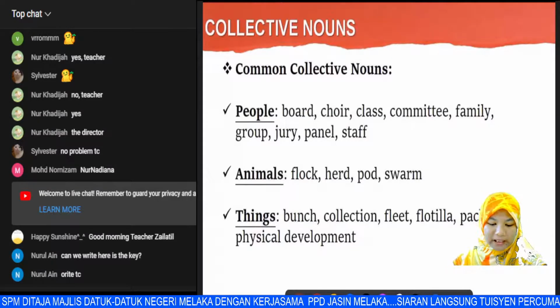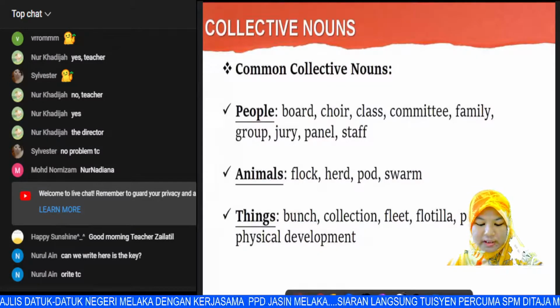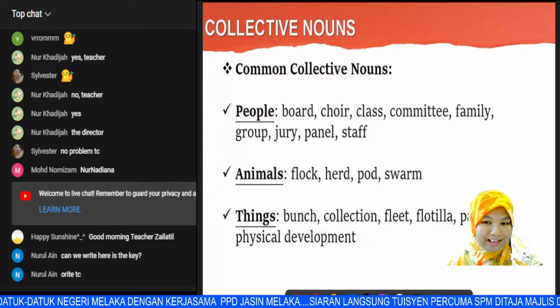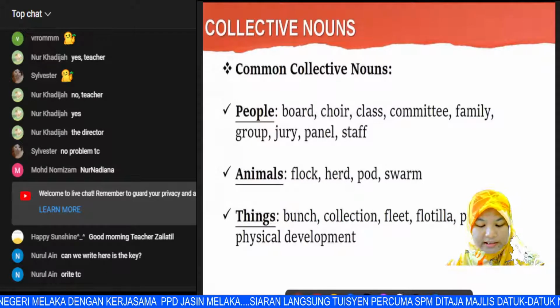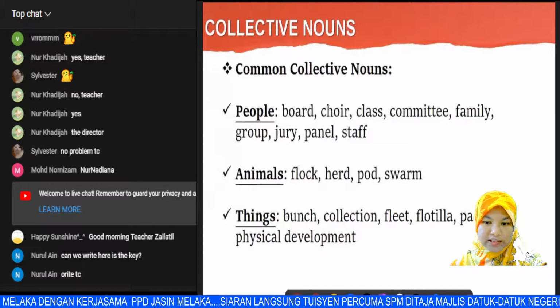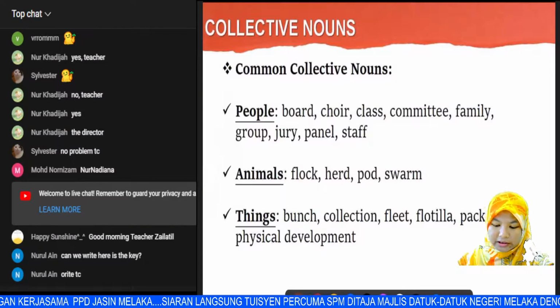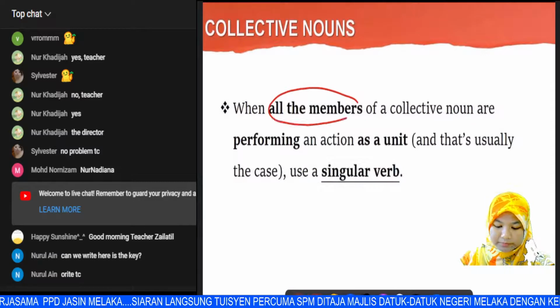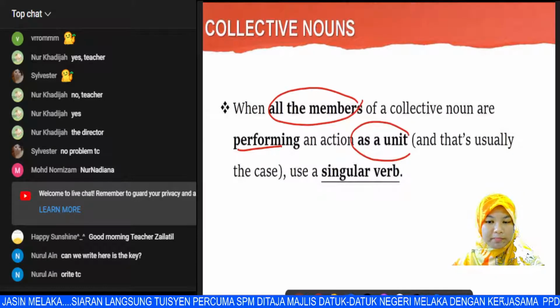When all the members of a collective noun are performing an action as a unit, and that's usually the case, we use a singular subject with a singular verb. Here all members perform as a unit.